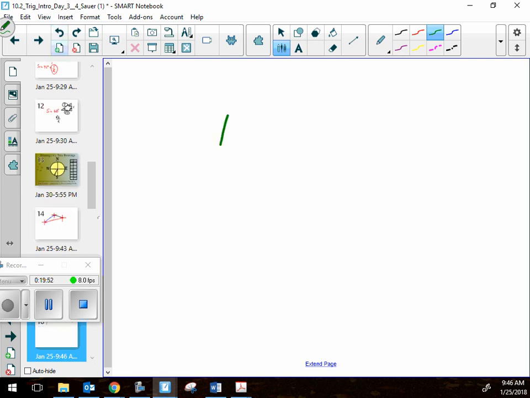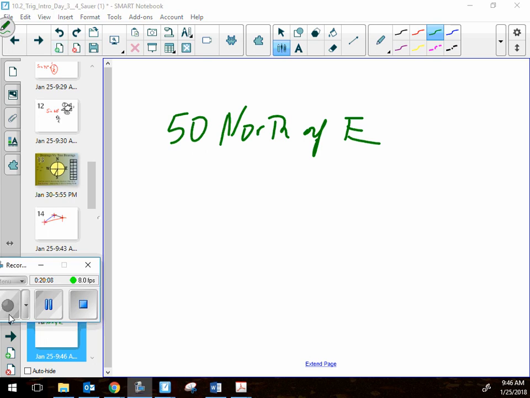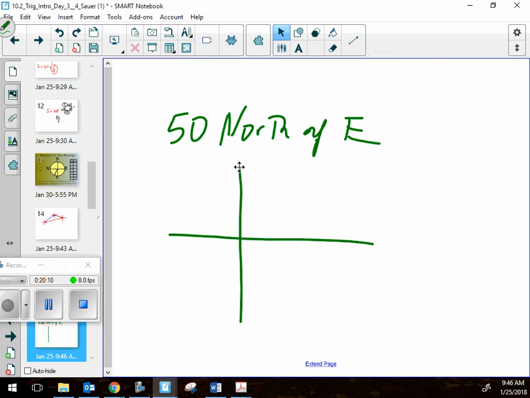All right, so now, how do we make it more complicated? What would 50 degrees north of east mean? Pause for a second. Okay, 50 degrees north of east.